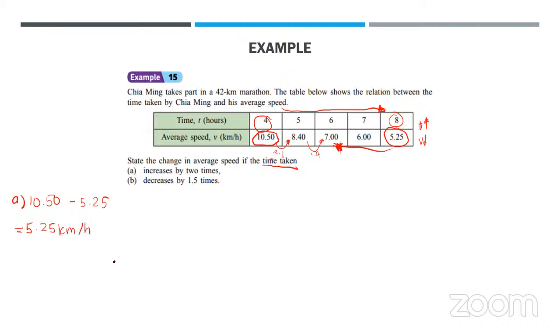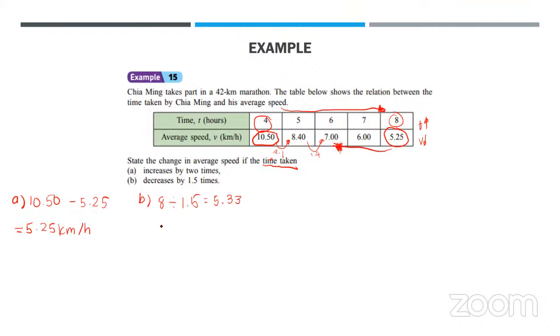Okay, so now let's look at B. Decreases by 1.5 times. Basically, to find the two values, you have to apply trial and error. So when B decreases by 1.5 times, let's just put it in the calculator. When B decreases by 1.5 times, you get 5.33. And we have a 5, but we don't have a 5.33.